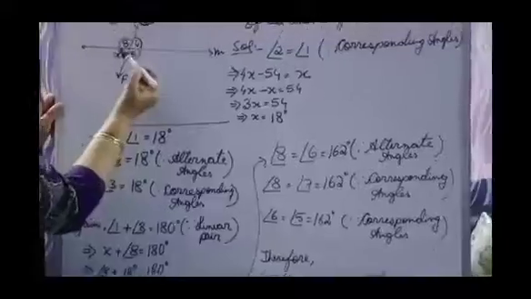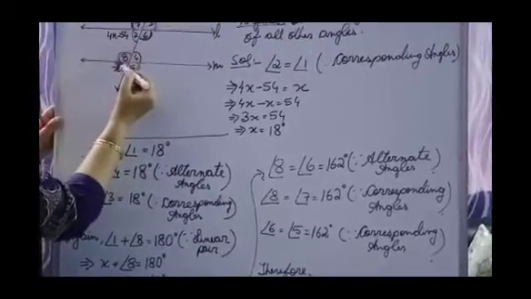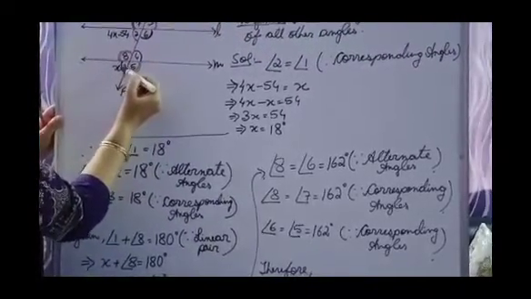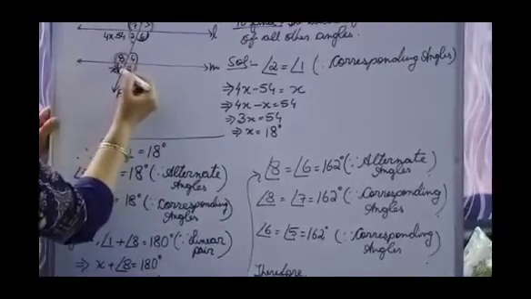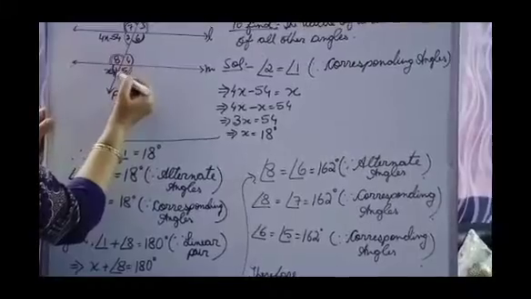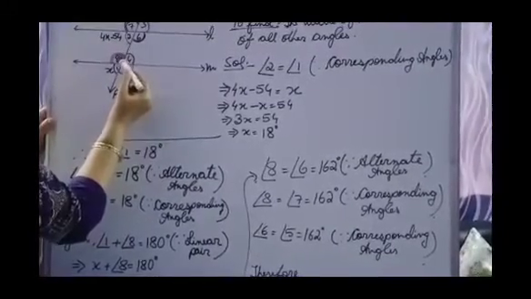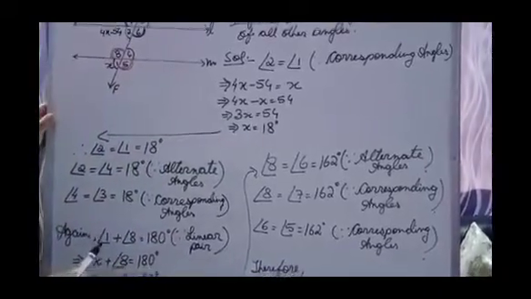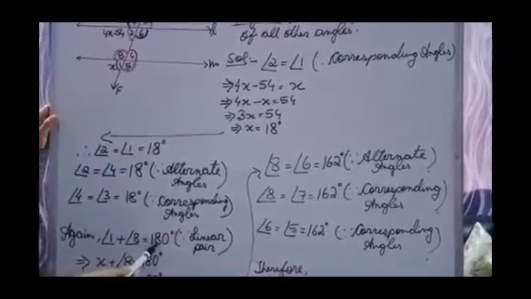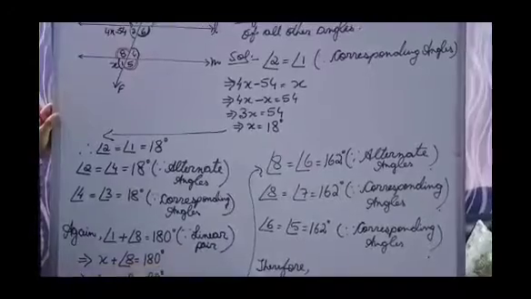Again, we see this part of the diagram. Now, this angle 1 plus this angle 8. If you see this whole angle, this is the linear pair. That means this angle plus this angle is equal to one straight angle, that is 180 degrees. So, I have written angle 1 plus angle 8 is equal to 180 degrees since linear pair.